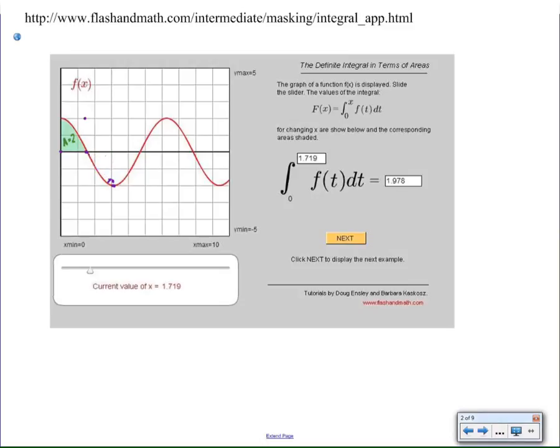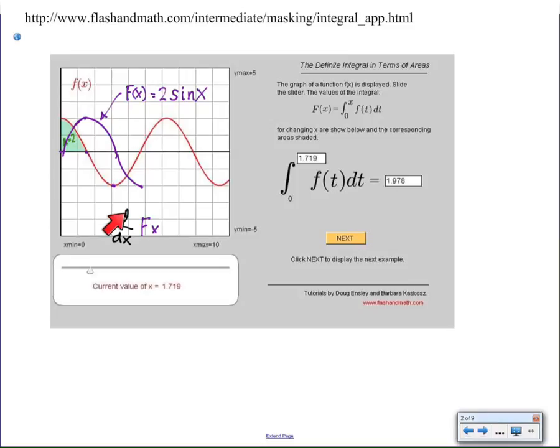If I continued this pattern, I would see that depending on where I choose x to be, the area under the curve is first going to go up and max out at 2, but then we start having negative areas, so we go back down to 0, and then increasingly more negative areas, so we go down this way, and so on. So what I end up with is that the antiderivative of the function that was given is actually f of x, which we can define as 2 times the sine of x.